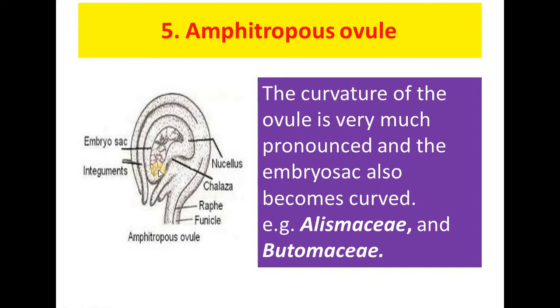In such kind of structure, you can see a horseshoe shaped structure. Very much pronounced ovule, and the embryo sac is also curved. Then such kind of ovule will be called amphitropous type of ovule, which can be seen in the Alismaceae and Butomaceae family.